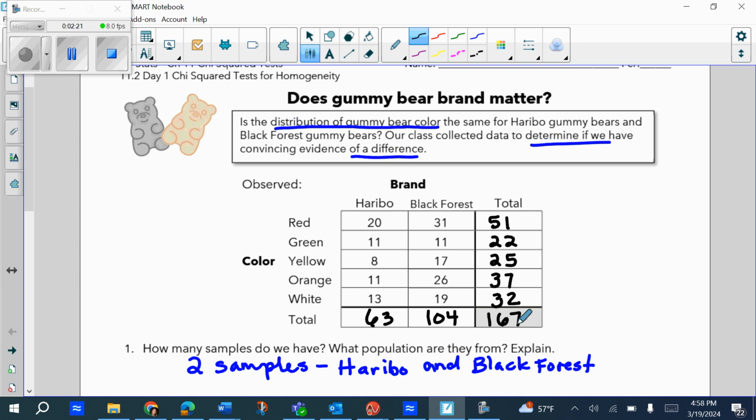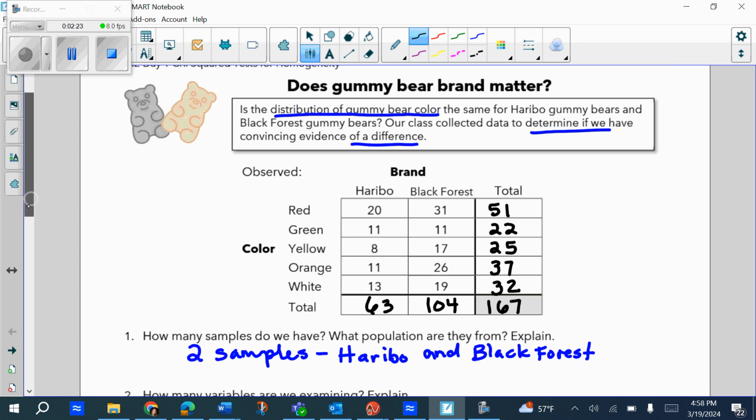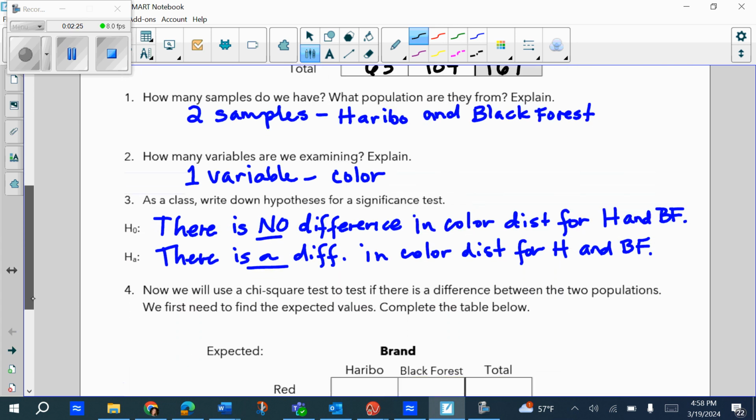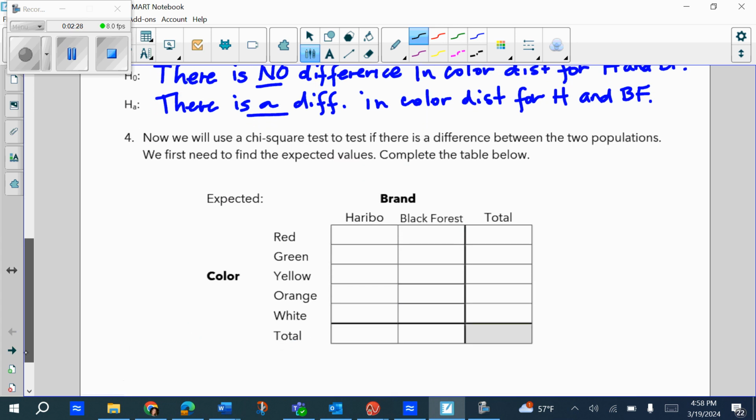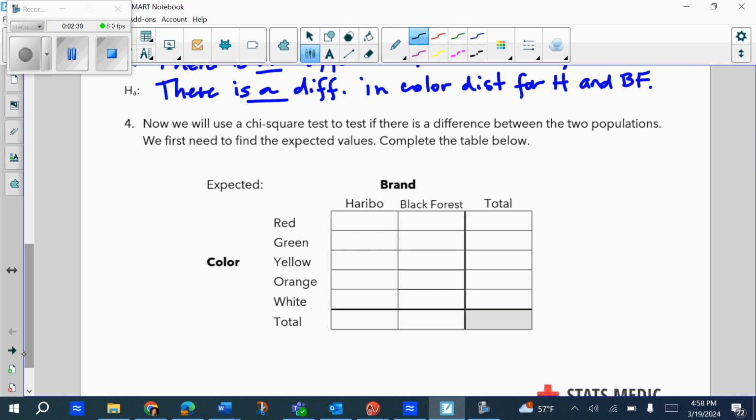Okay, once we have that, we're going to go down and create our expected counts. The expected count is based on the idea that the null hypothesis is true.